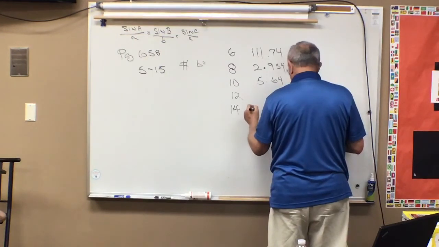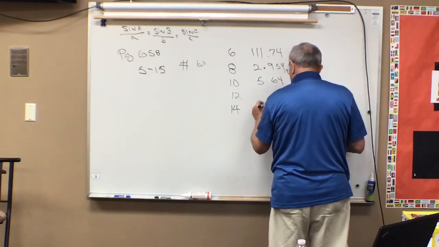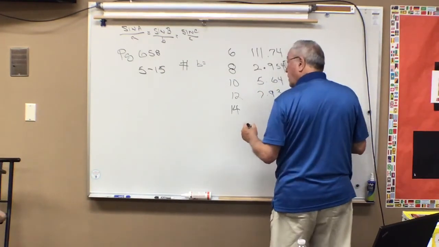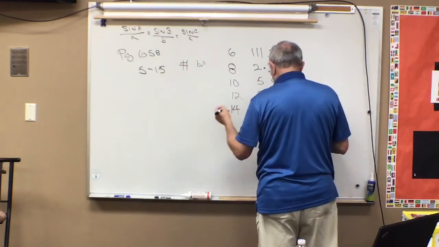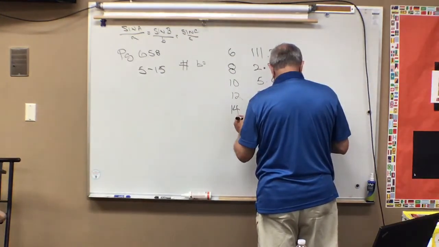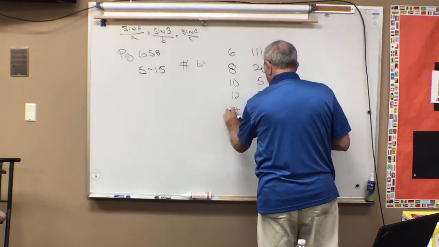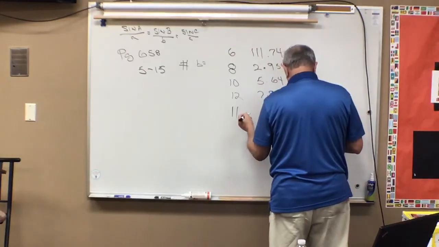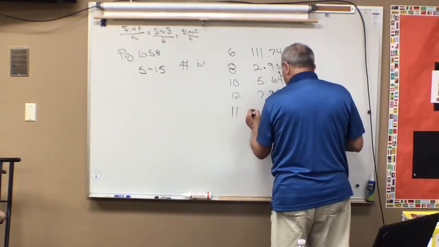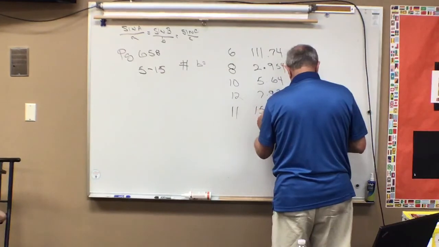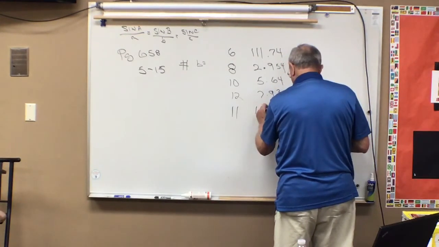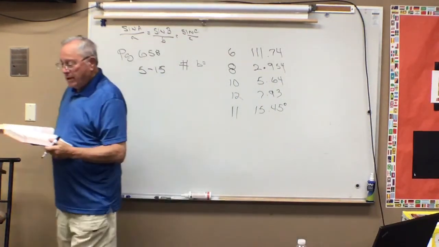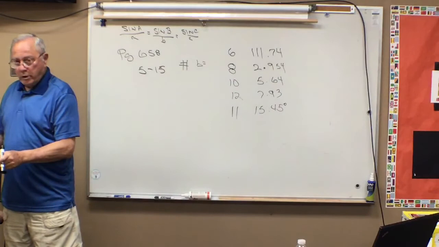Number 12 is 7.93. And I'm going to give you another one that has an angle. The other one is going to be number 11. Okay? Number 11 is going to equal 15.45 degrees.